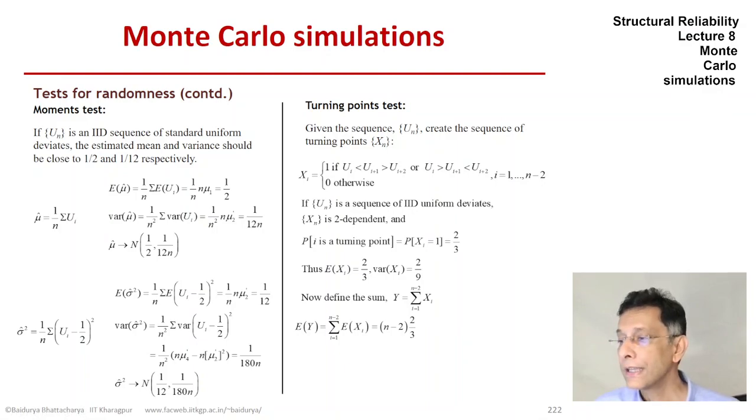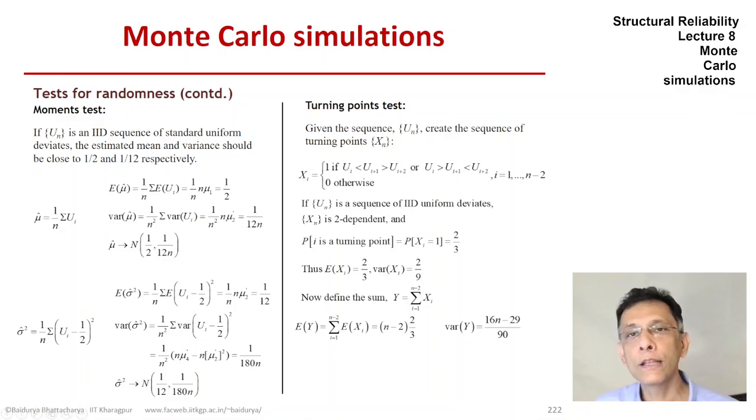The variance is a little less than what would happen if they were all independent, but as I said, the x's are 2-dependent. So the variance of y, the sum, is (16n minus 29) over 90. So it's less than n minus 2 times 2 over 9, which would be the case if the sequences were completely independent.